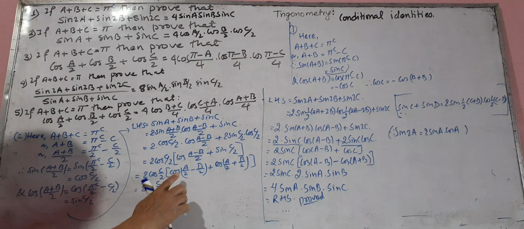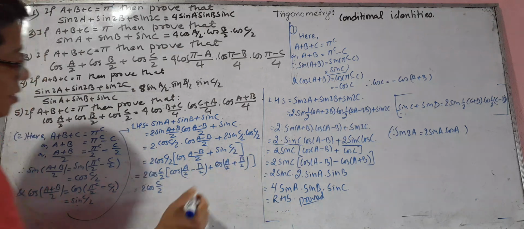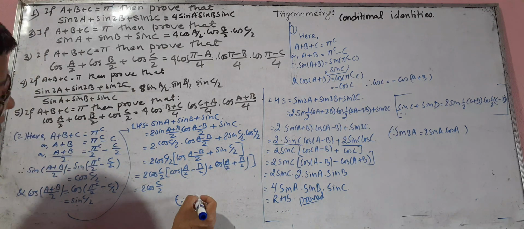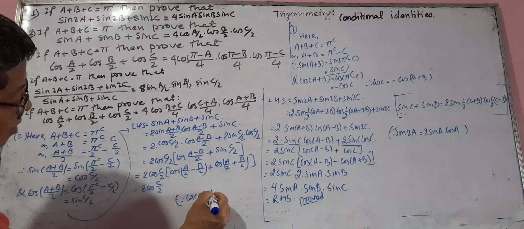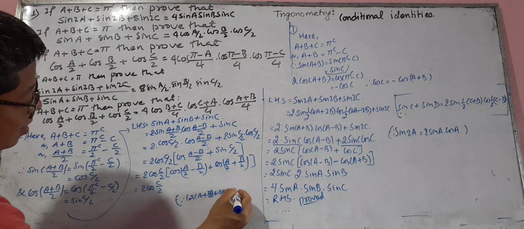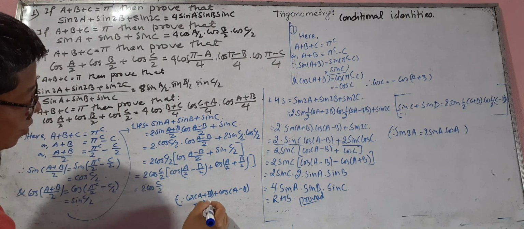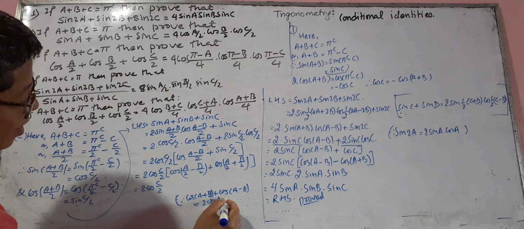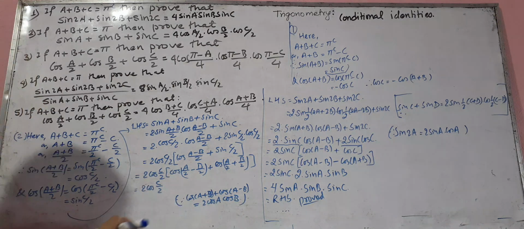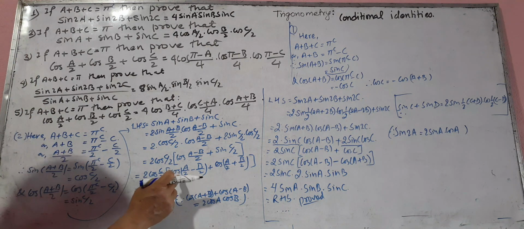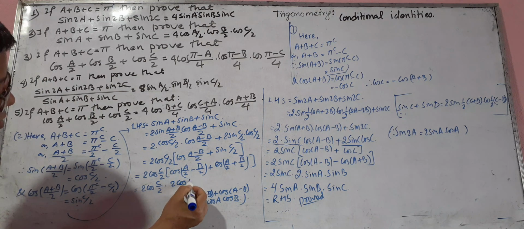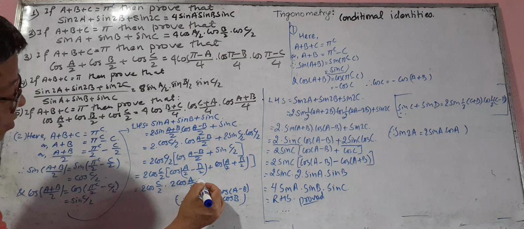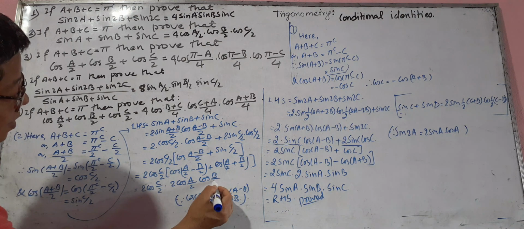Now look at here, cos (A minus B) plus cos (A plus B). Since we know that cos (A plus B) plus cos (A minus B) equals 2 cos A cos B. This formula. So in place of A we have A by 2, so we can write here 2 cos A by 2 and cos B by 2.